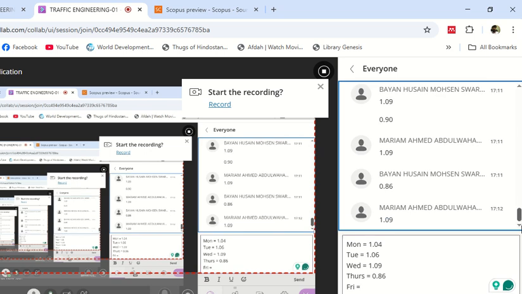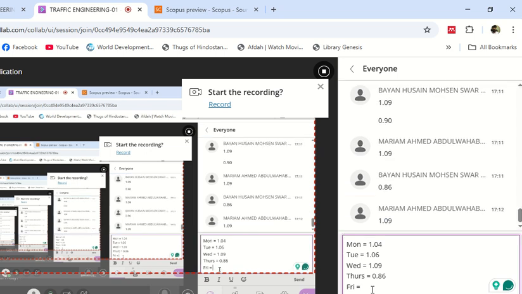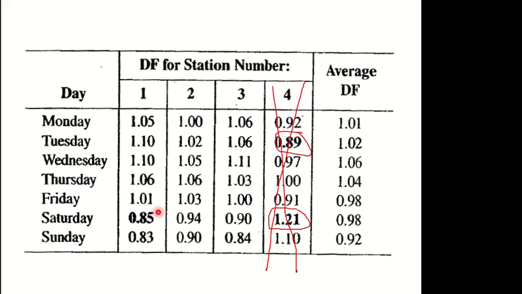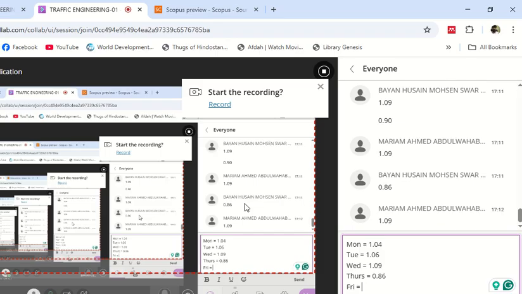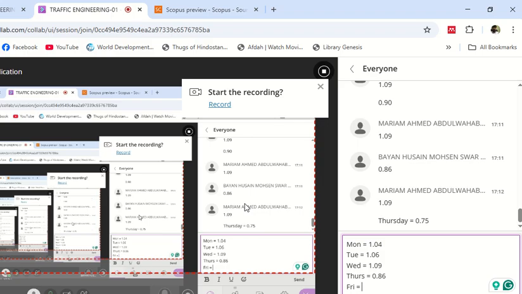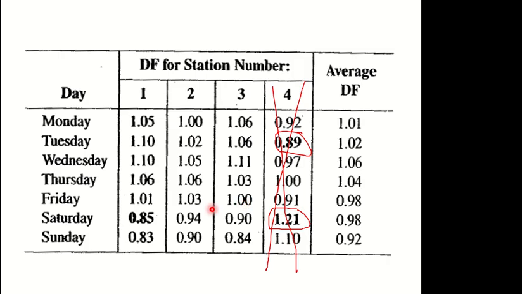And what about Friday? What is the value for Friday? Thursday, how are you taking the average? This is Thursday: 1.06, 1.06, 1.03.